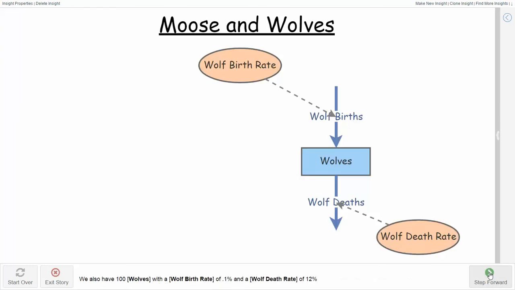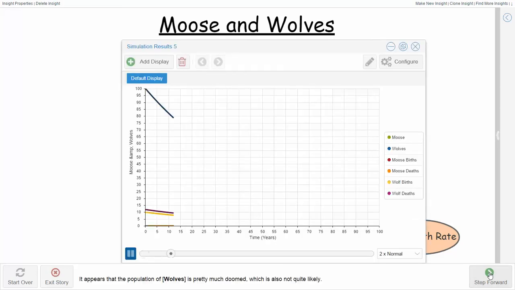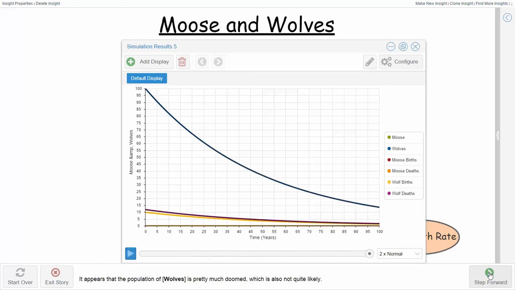Though if we also look at a population of wolves who have a birth rate and a death rate, and we look at what happens with that population of wolves over the same time period, the population of wolves is perceived to die out.